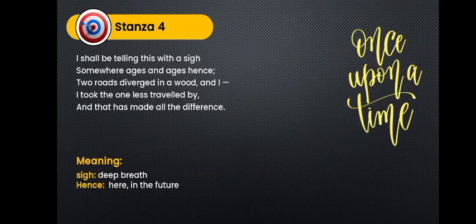The first three stanzas are written in past tense, but this stanza is written in future tense. So, in this stanza, the poet says that he will be telling someone else, his upcoming generation, with a sigh. Here, this sigh refers to two things: sigh of relief and sigh of grief.